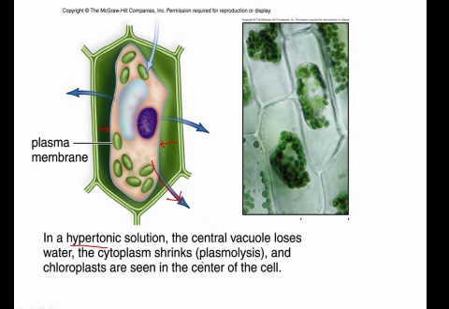You can see the photograph here taken through the microscope over on the right-hand side, and you can see the outline of the cell wall, and the plasma membrane has shrunk back into the center. Now, what you can see there are the chloroplasts, the little green chloroplasts, and that allows you to see the boundary of the plasma membrane where it's pulled back away from the cell wall. The term for this is plasmolysis.